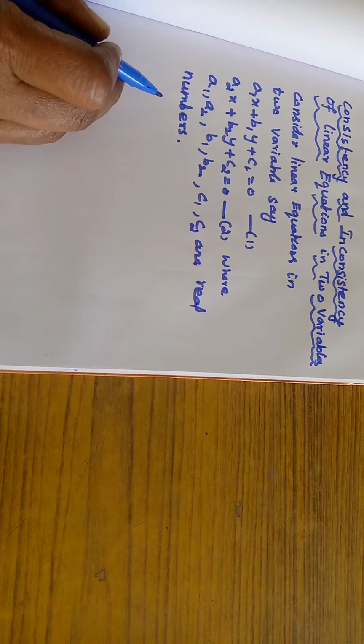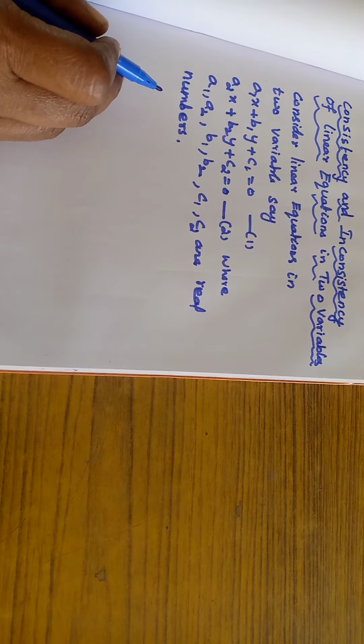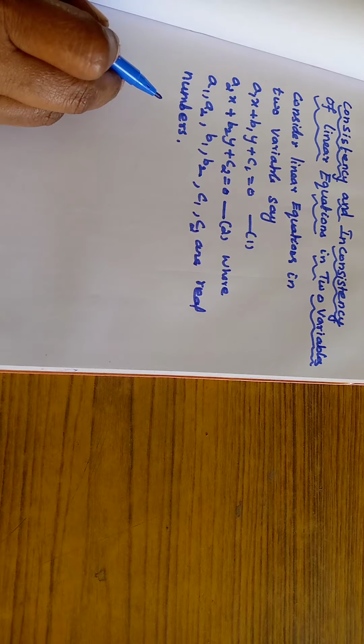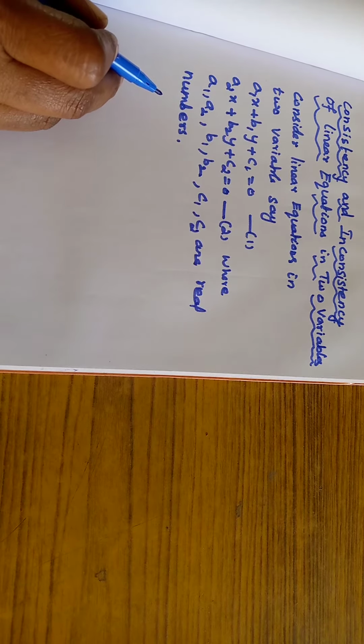Did you understand, students? Consistent means the given equation has two types of solutions, that is unique solution and infinite number of solutions. Inconsistent means the equation has no solution.